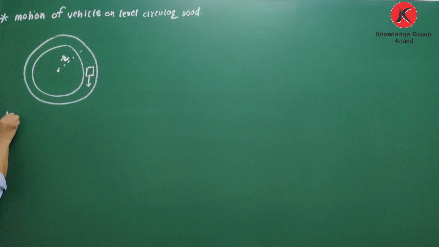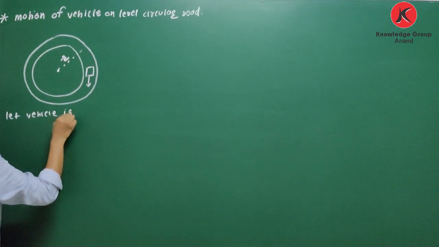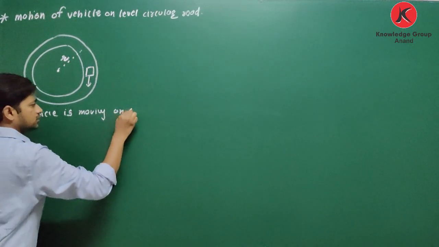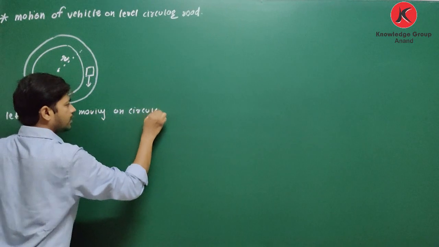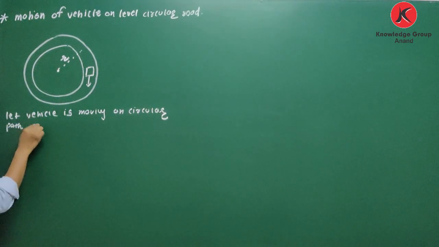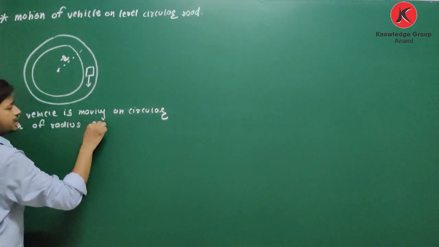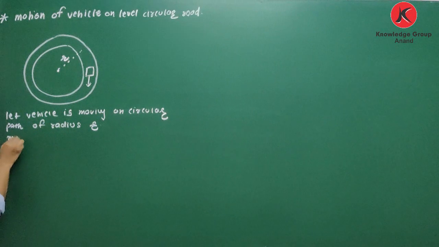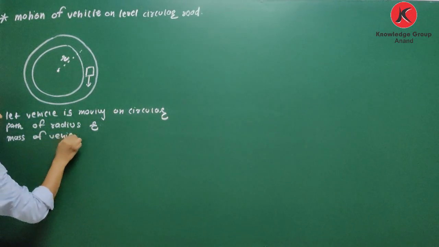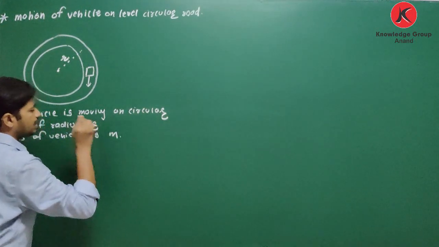Let the vehicle be moving on a circular path of radius r. Mass of the vehicle is m. Mass of the vehicle means total mass.